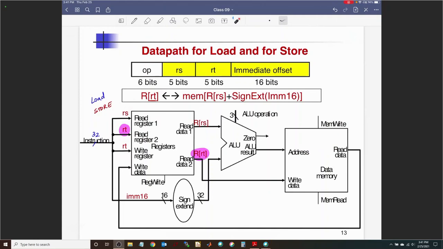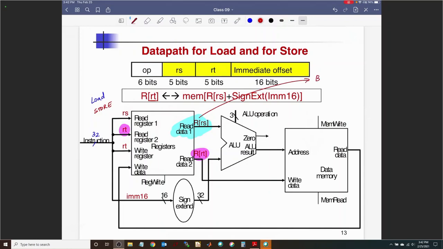Now let's talk about what happens when you are storing. Let's do store first, right? So when you do store, things are moving from here to here, right? Okay, so I would need to read. When you read, you have one register here, but you actually are more interested in this guy, RT, because this is going to be your offset address. This is your base address. Let me highlight this guy.